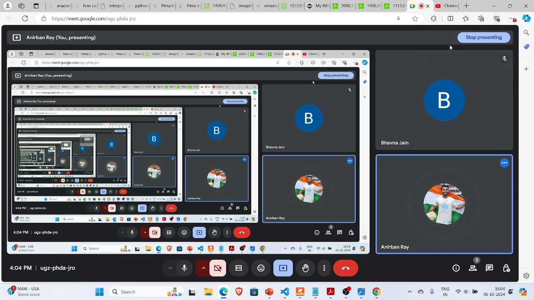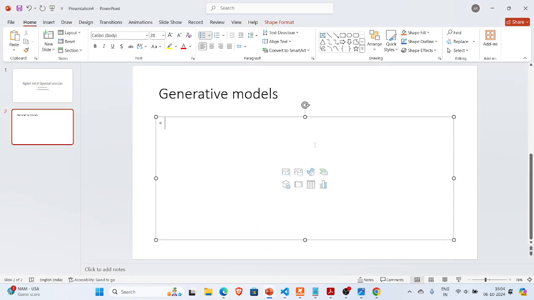Okay, so we are starting now. First, what is the definition of generative models? That is what we are going to cover. Up to this point, we have covered models that were called discriminative models.